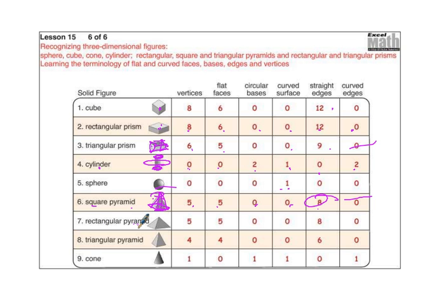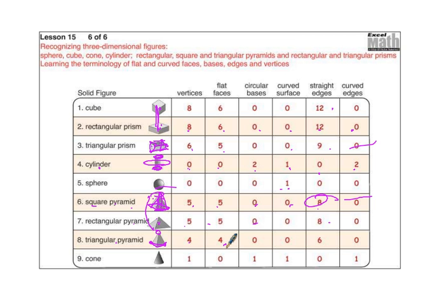A rectangular pyramid is going to be just like a square pyramid. I'm not going to go through the explanation of that. It's just stretching this one out a little bit, just like these two are related to each other. Those two are the same. You can see the numbers come out the same. Triangular pyramid, almost the same, except we have a triangle on the bottom. So we have 1, 2, 3 vertices here, and 1 vertex up at the top, making a total of 4 vertices.